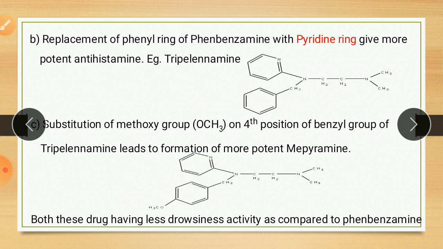Both these drugs, tripelennamine and mepyramine, have less drowsiness activity as compared to the first drug, phenbenzamine.